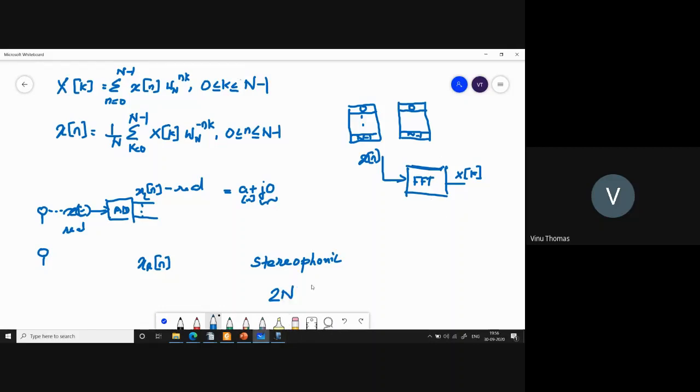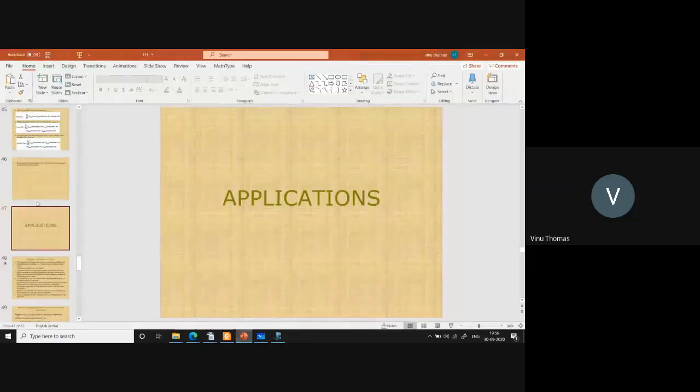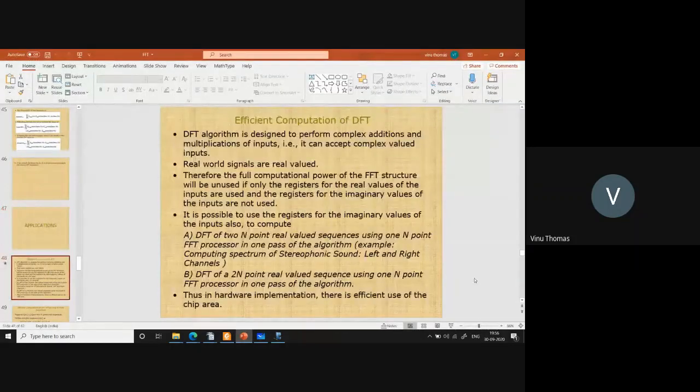So here you have a 2N point real sequence for which you attempt to find the FFT of the two sequences simultaneously. So this is what we will be discussing today.